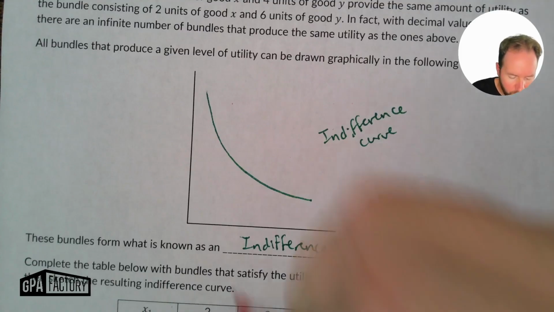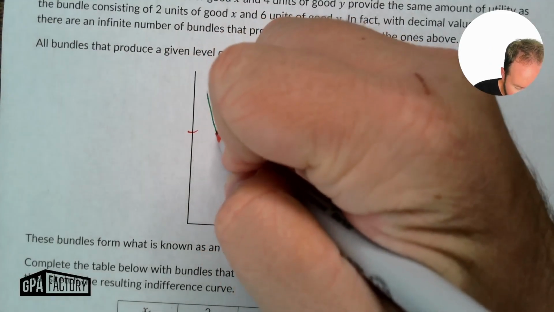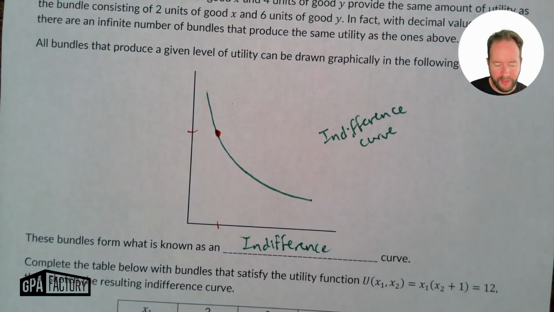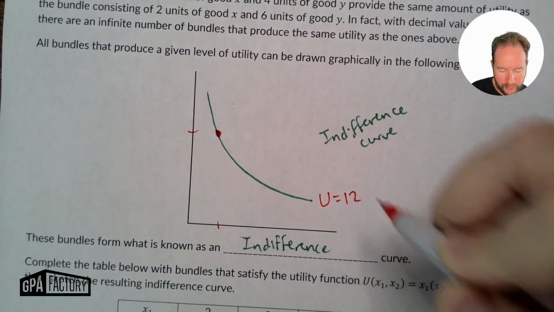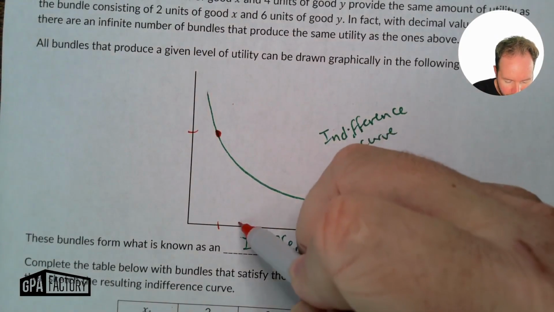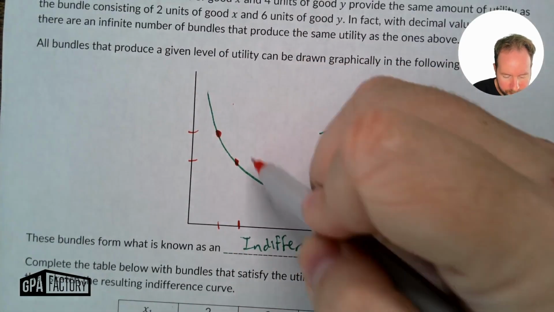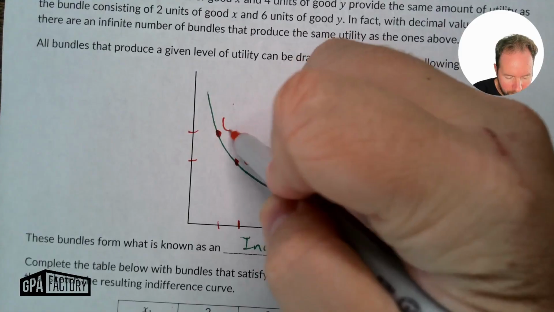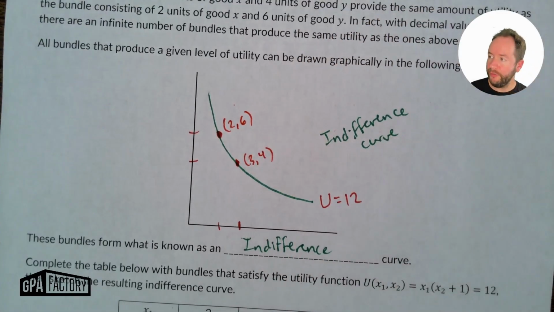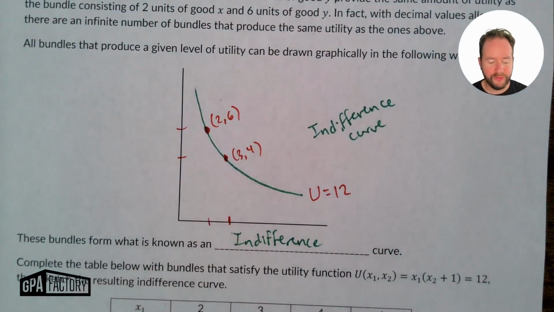Remember we said 2, 6 was this point, and it brought us some level of happiness. Remember our utility here was 12. But also the coordinate 3, 4 is also a bundle on this curve. So there's 3, 4. Here's 2, 6. Since both of these points are on this curve, it shows that the consumer is equally happy between these 2 points on the curve.